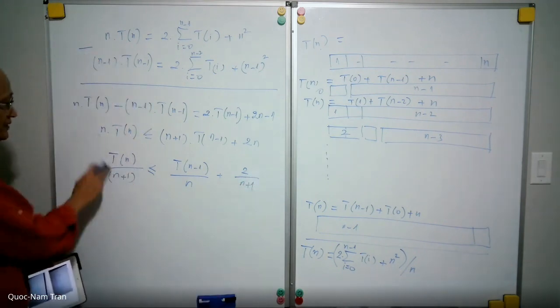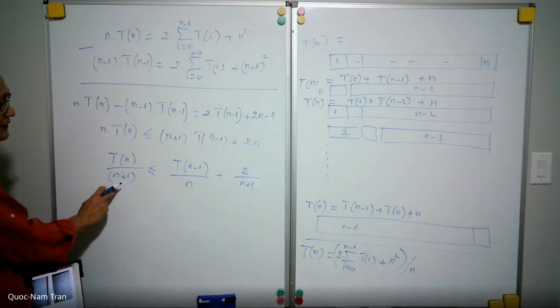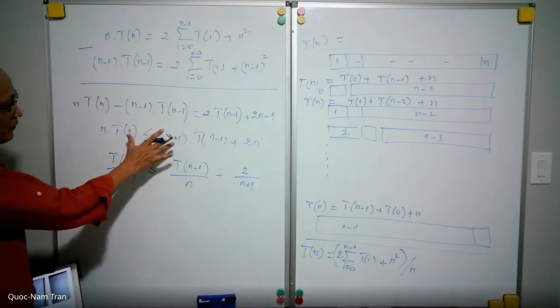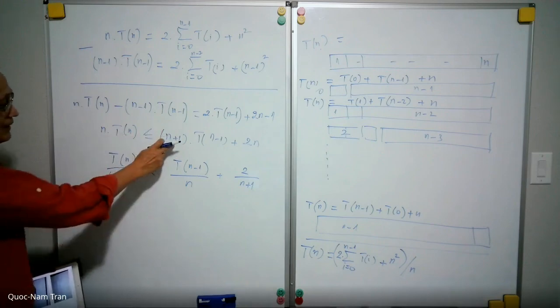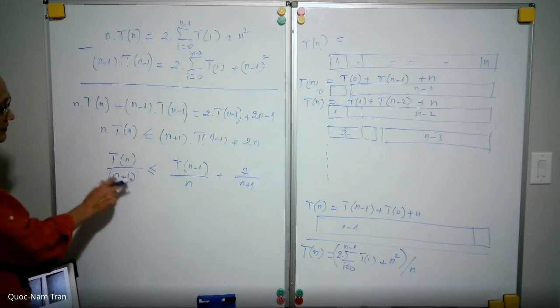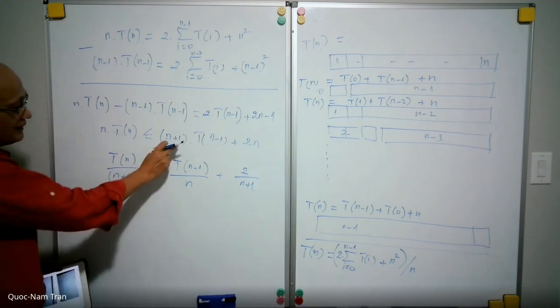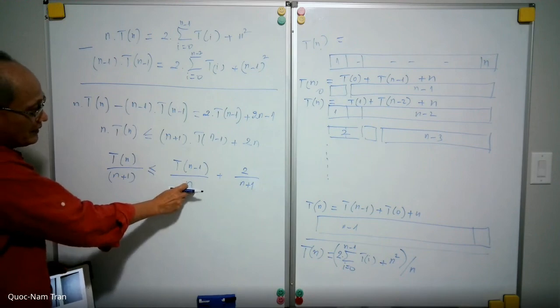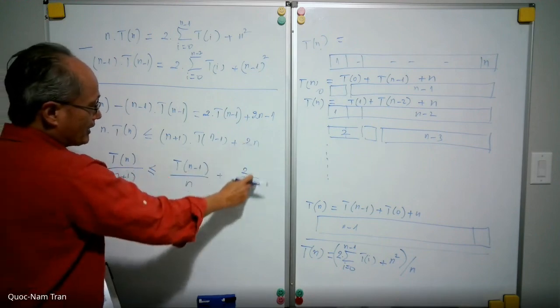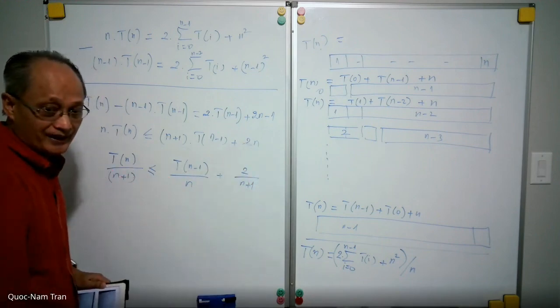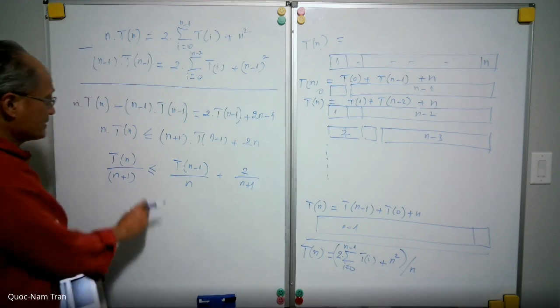It's easy because when we divide both sides by n times n plus 1, n will be cancelled, leaving n plus 1, and n plus 1 will be cancelled, leaving n. So here's what we have.